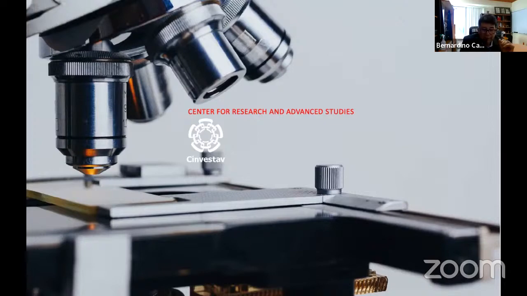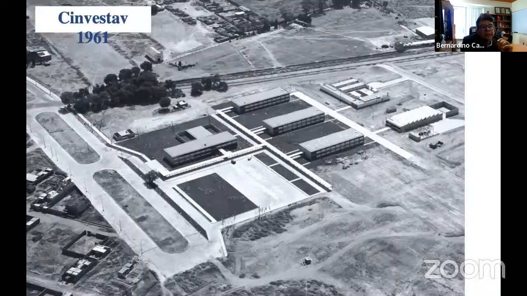CINVESTAV started in 1961 with some buildings. This was a government initiative to have a center for research in Mexico, one of the first research centers that we had in Mexico in those times.